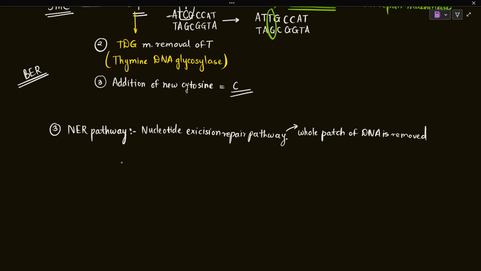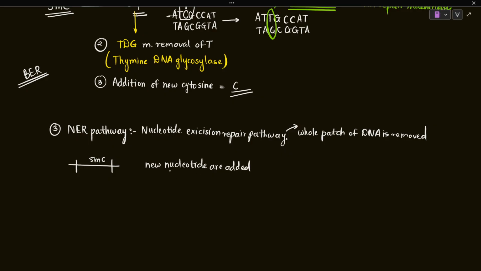The whole region of DNA where the methylated cytosine lies is excised, and then new nucleotides are added there.